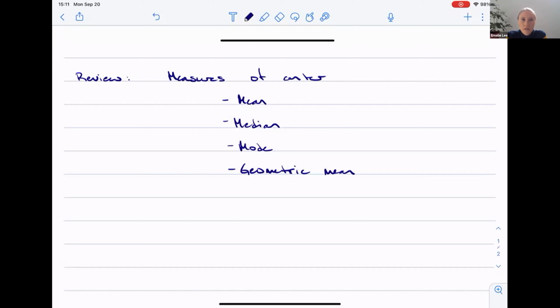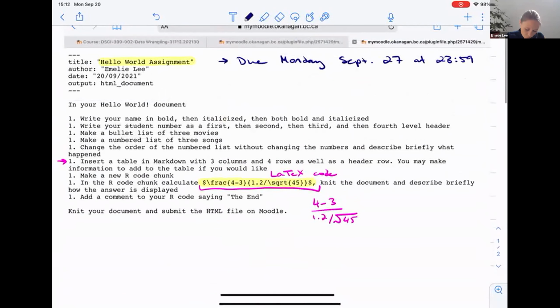Oh, hey, fancy hand. Hello. I'm just trying to download this Hello World assignment. It's supposed to be an RMD file. Is that correct? Moodle makes it a text file. So what you'll have to do is open it so that it looks like this. When you click it, it should open like this.